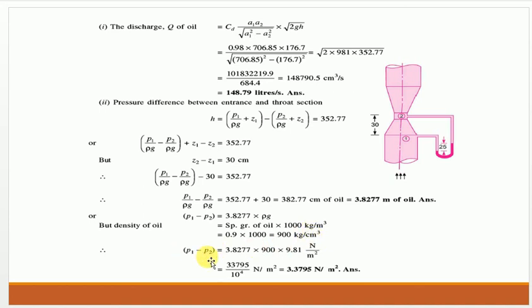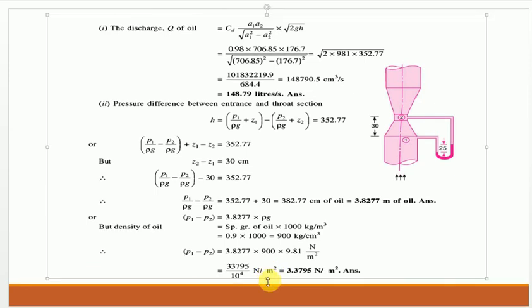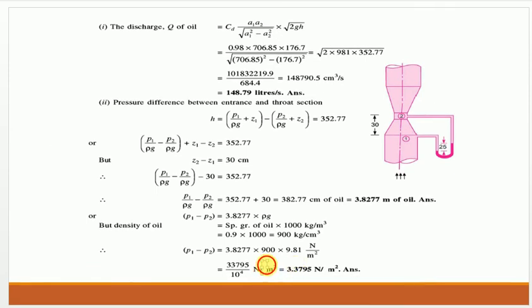So P1 minus P2 will be equal to 3.827 into 900 into 9.81, where 9.81 is the acceleration due to gravity, in Newton per meter square. If we put it together, we get the value in terms of meter square.